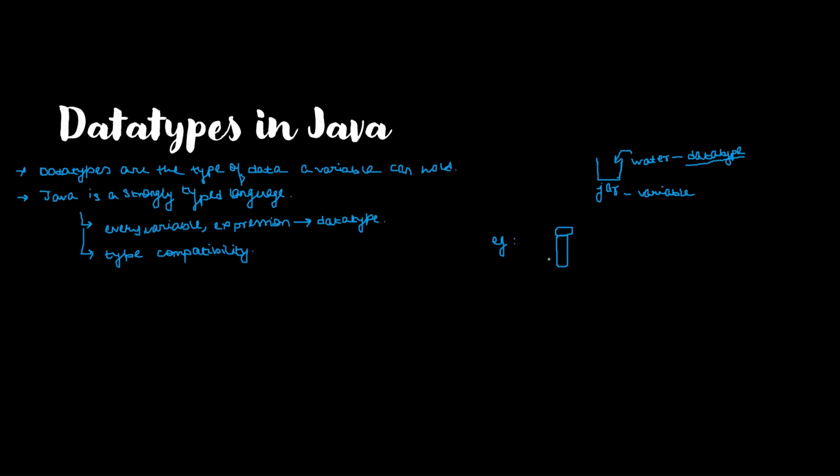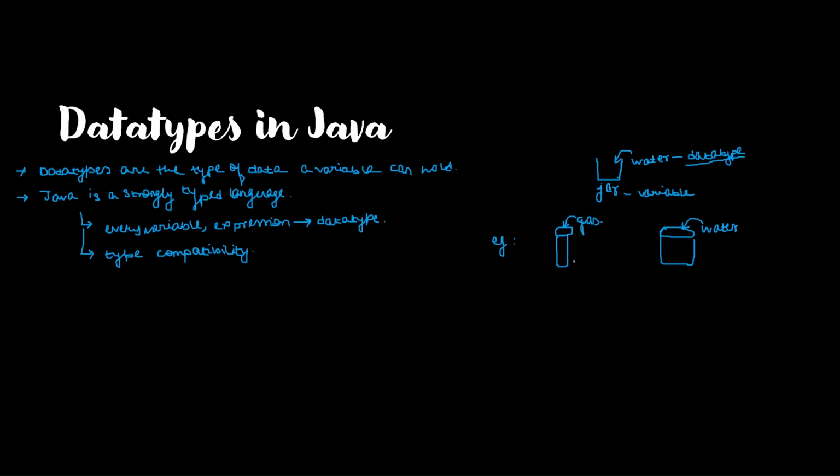Let's say that you have been given a water bottle and you store in some gas in it, like any kind of gas, let's say nitrogen gas or oxygen gas. Well, that would be pretty useless, right? Why? Because if you had to store a gas, you need a sealed container instead of a water bottle. If you store water in the steel container, like a sealed container, and a gas in a water bottle, everything would go haphazard.